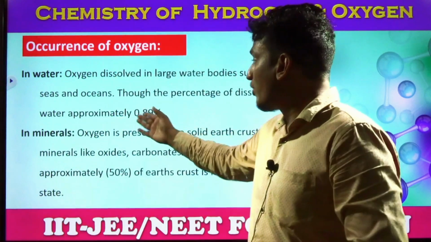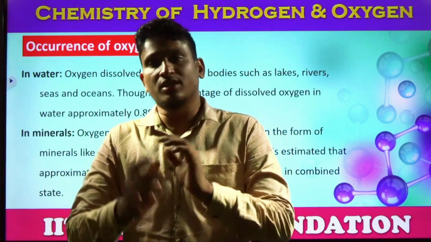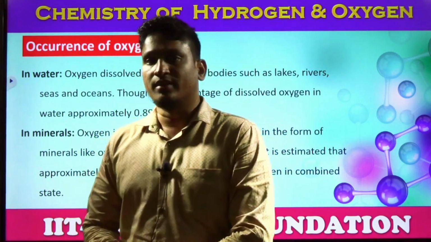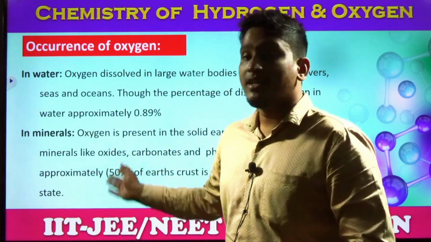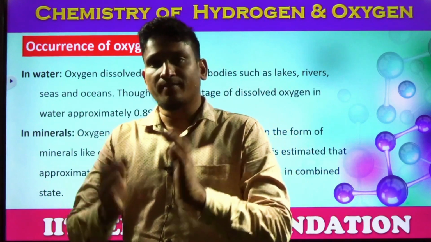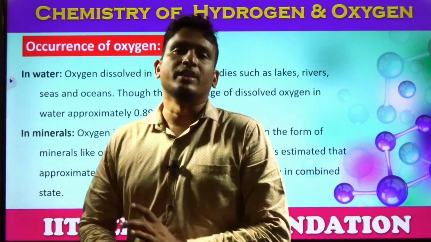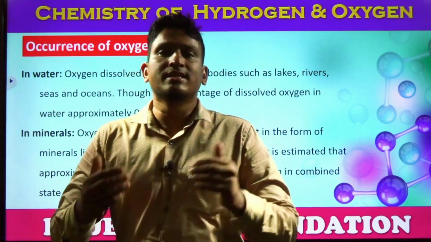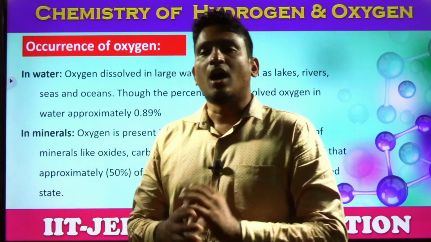Almost 0.89% of oxygen is available in water in the dissolved state, and a major share of oxygen comes from the minerals. Minerals means all these metals and non-metals. How are they available in nature?